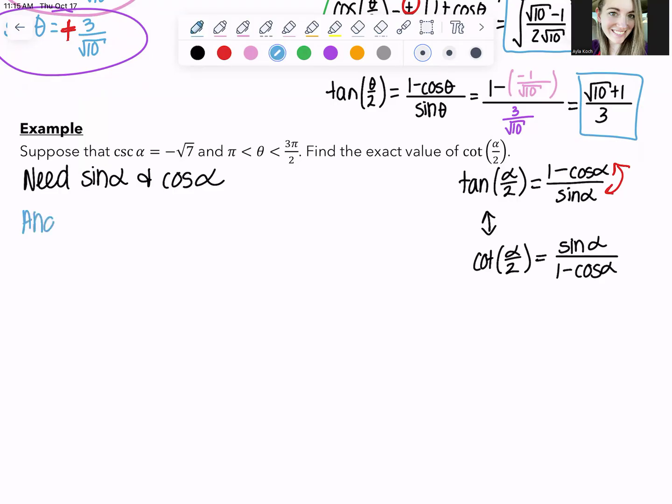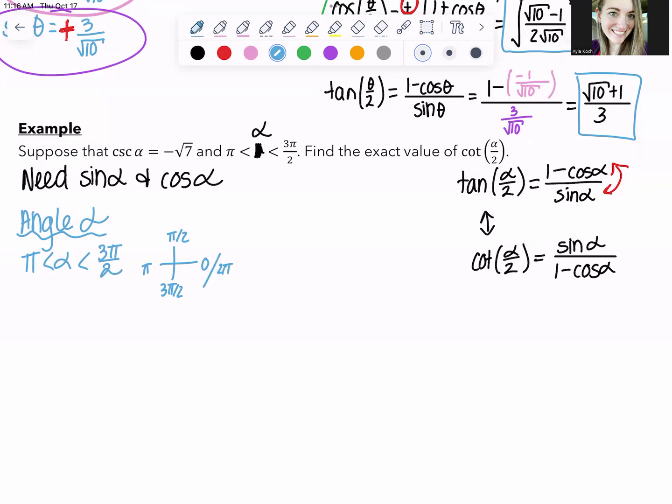So for angle alpha, we know that pi is less than, oops, this should be an alpha right here. That should be an alpha. Change it. If I remember, I'll change it before you get to this worksheet. Alpha less than 3 pi over 2. I draw myself a little chart here. 0, pi over 2, pi, 3 pi over 2, 2 pi.